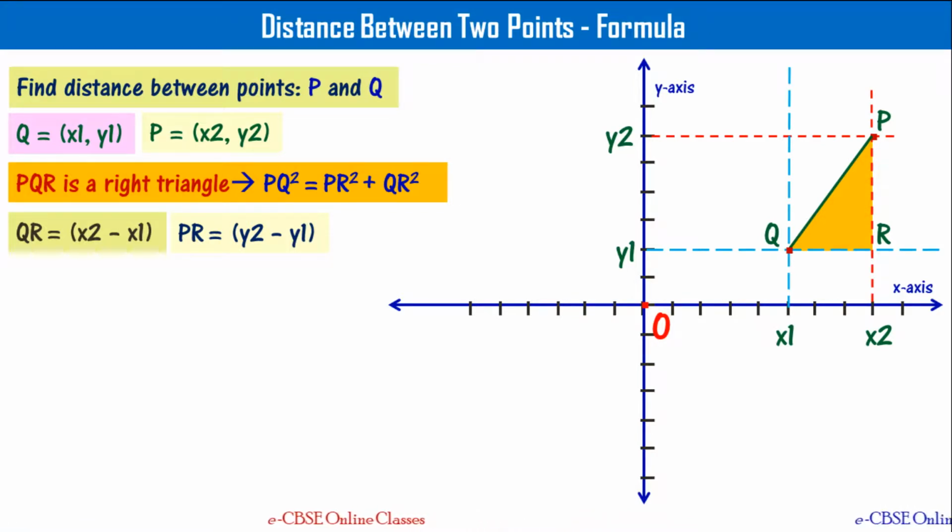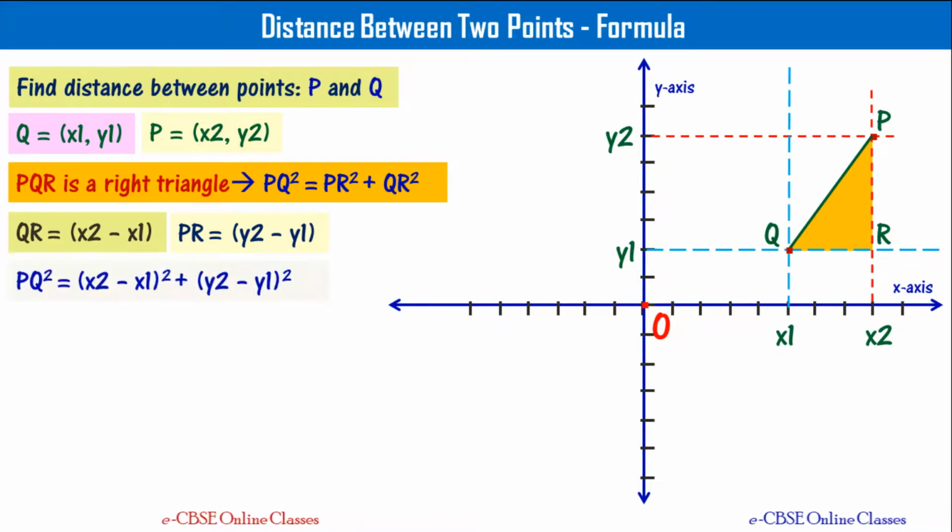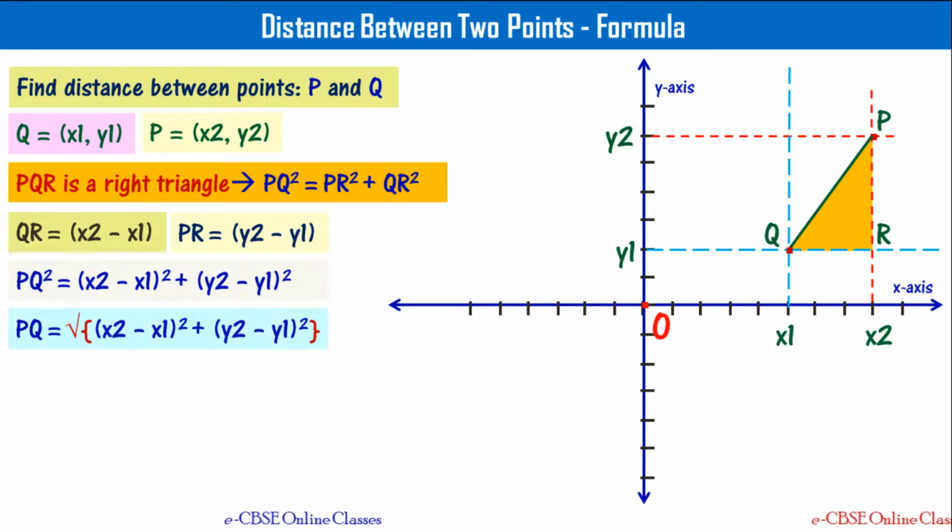Let's substitute these two into the Pythagoras theorem to write PQ square equal to (x2 minus x1) whole square plus (y2 minus y1) whole square, right? This equation can be rearranged to write PQ equal to square root of (x2 minus x1) whole square plus (y2 minus y1) whole square. Please note that this square root applies to the whole of the equation.